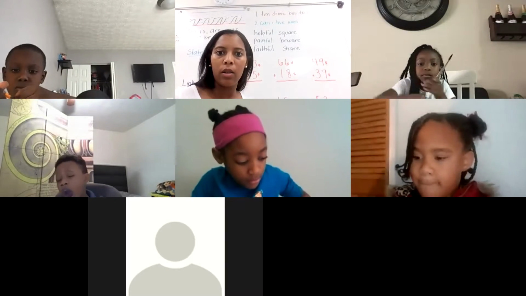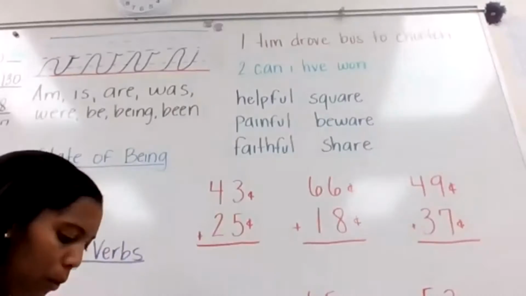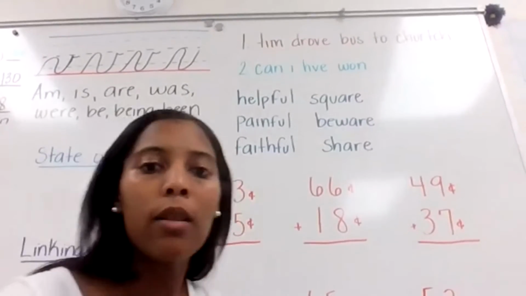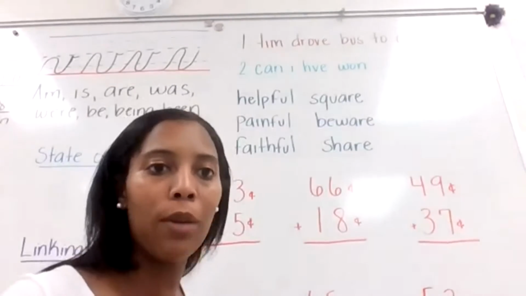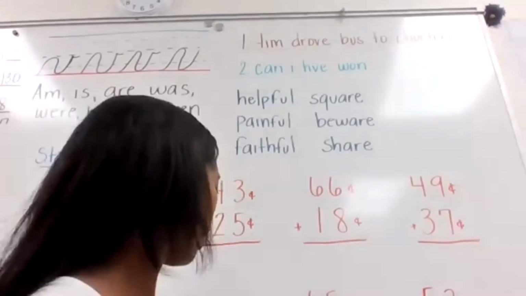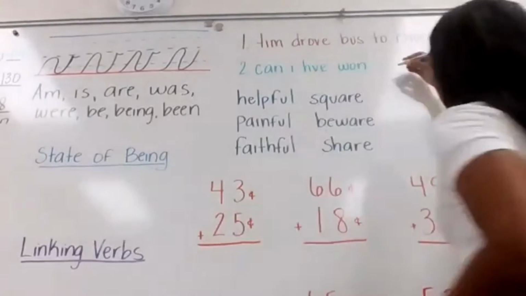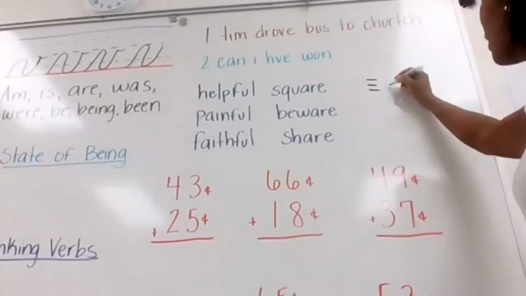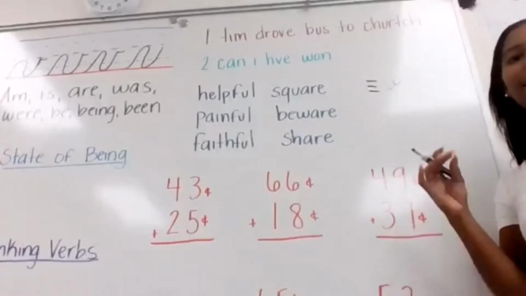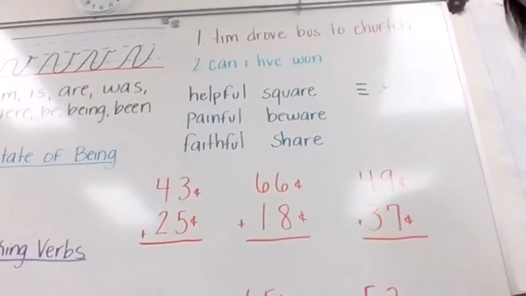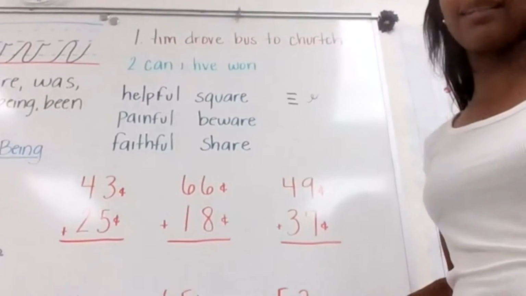Okay, so remember last week we learned what's called the proofreading marks. Those are the marks that we use whenever we need to correct something in a sentence. We know the capitalization mark, which is 3 lines. Then we learned the delete, whenever there's something we don't need in a sentence, like a word repeated twice or an unnecessary word.